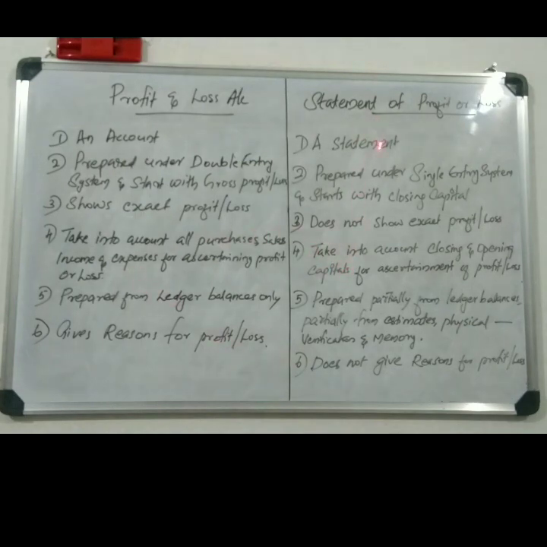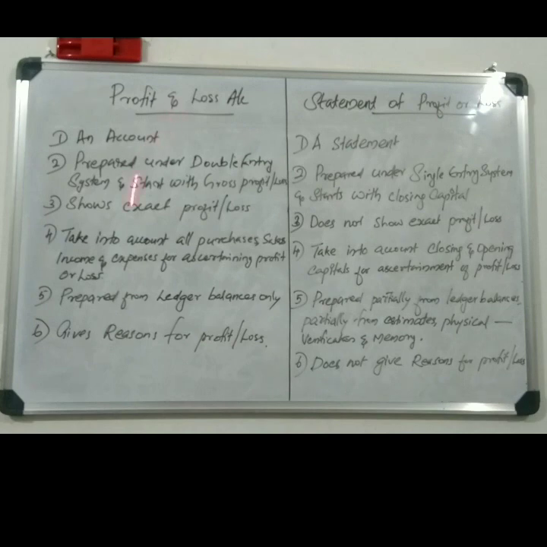Whereas in statement of profit or loss, we take into account closing and opening capitals only. Profit and loss account is prepared from ledger account balances only, whereas statement of profit or loss is prepared partially from ledger balances, partially from estimates, physical verification and memory.